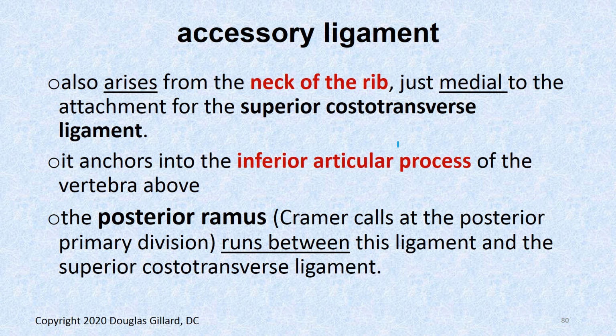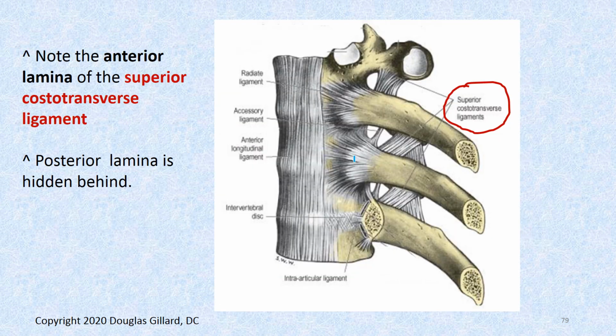Okay, accessory ligament. So this is a little ligament. It also rises from the neck of the rib, just medial to the superior costotransverse ligament. It anchors into the inferior articular process. So this goes all the way into the spine. And this one is important. Let's take a look at it. There's the accessory ligament right here.